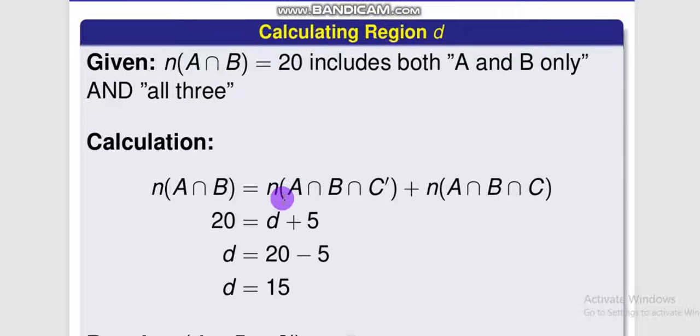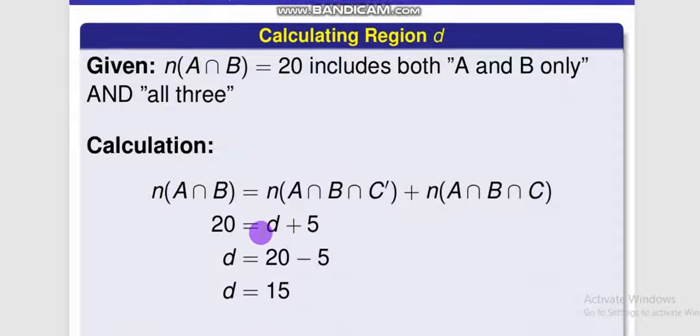So in the calculation process, you say, the number of people who read A and B is equal to those who read A and B without C, that is C complement, and those who read A and B with C. So the total is 20. Those who read A and B without C, we put letter D there.